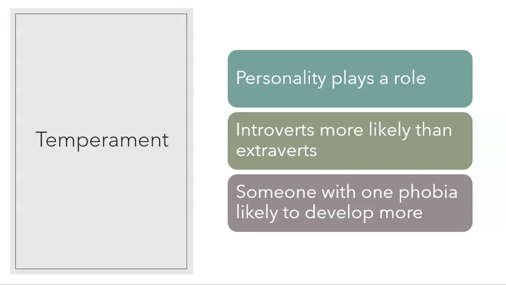You can think of it like introverts versus extroverts, that an introvert would be more likely to develop a phobia than an extrovert. And someone with one phobia would be more likely to develop more phobias because of their temperament, just that personality, how they act in situations.